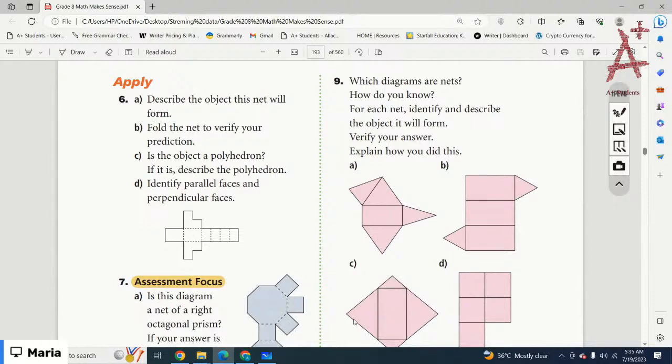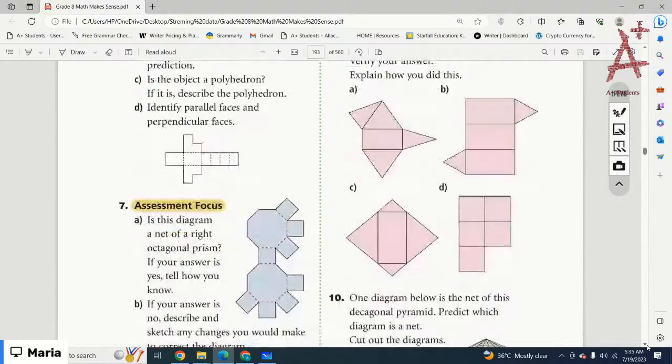I think A is a net, and when you fold it, it makes a rectangular pyramid. A is a net and B is also a net.